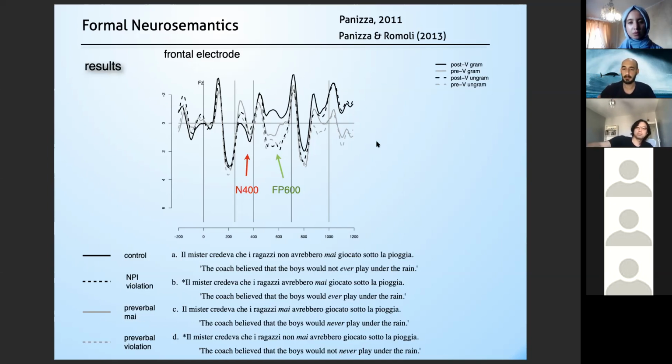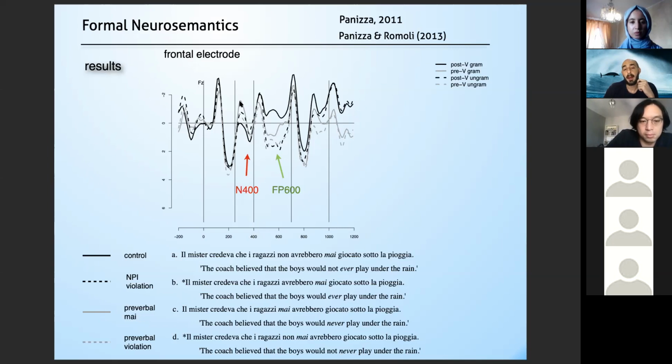Now, guess what? We found it as well. First of all, you see a beautiful N400, even earlier than what you would expect. The usual peak of the N400 is in fact 400 milliseconds; ours was peaking more at 300, 350. And then you see this nice pattern, which is sort of indexing an interaction.